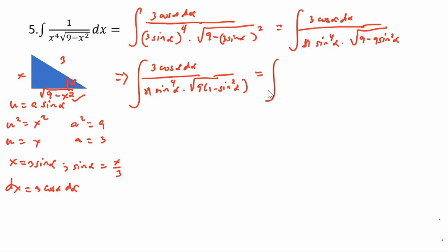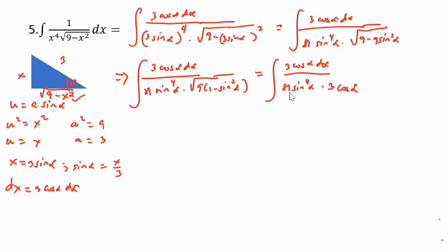So we can write now 3 cosine alpha d alpha all over 81 of sine to the power of 4 alpha times the square root of 9, which is 3, and the meaning of 1 minus sine squared is cosine squared. Taking the square root of that will give us now 3 cosine alpha.